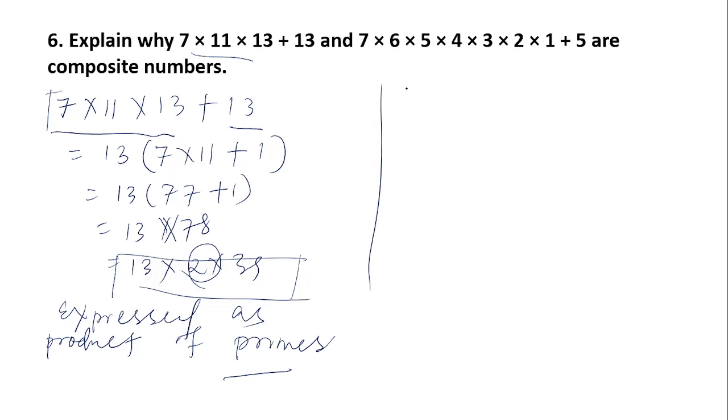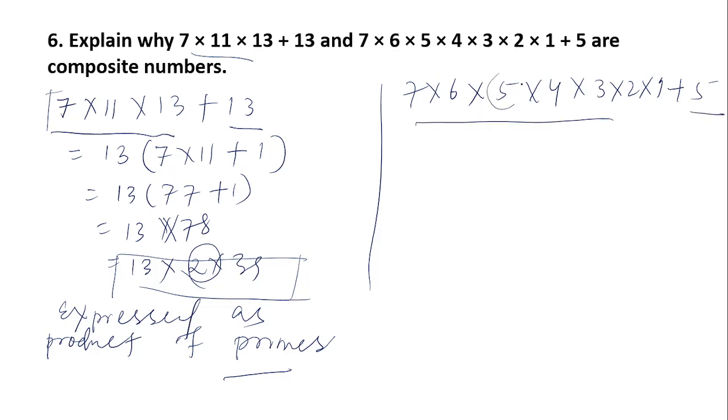Then check for the other, 7 into 6 into 5 into 4 into 3 into 2 into 1 plus 5. You can see that there are also two terms. Taking 5 common from these, you will get 5 into (7 into 6 into 4 into 3 into 2 plus 1).